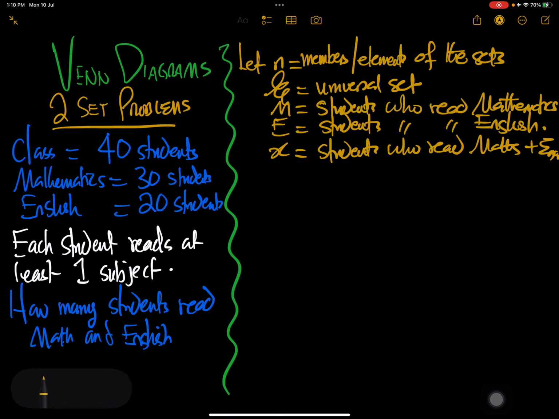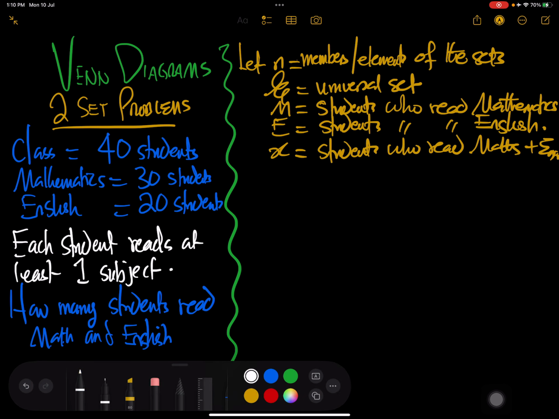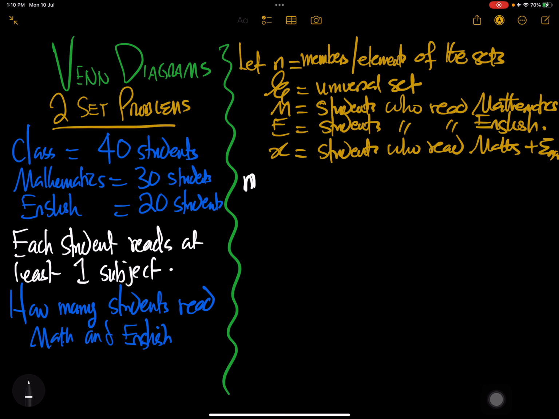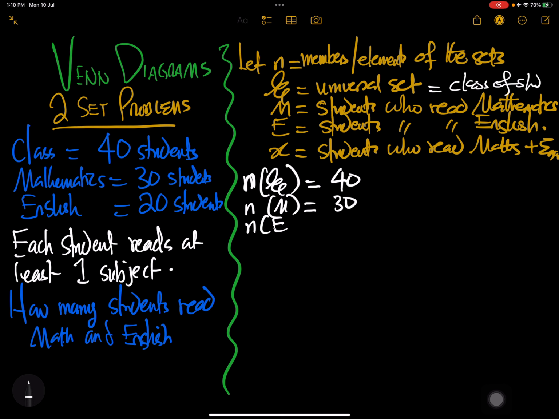So n of the universal set, the class of students, is 40. The number of mathematics students is 30, the number of English students is 20, and the number of both math and English is X.